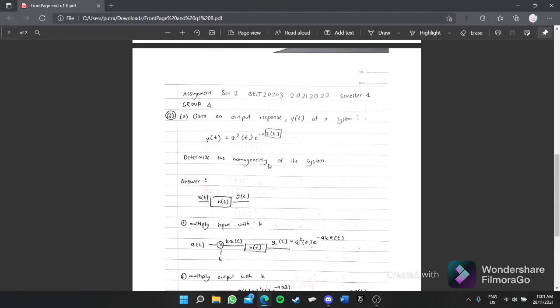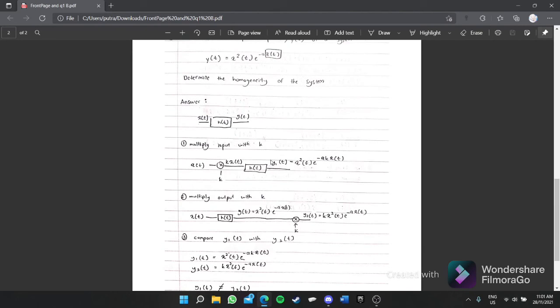For the answer to question 1a, we create a block system to view it more clearly, which is x(t), h(t), and y(t) in order. The first step is to multiply the input with k.